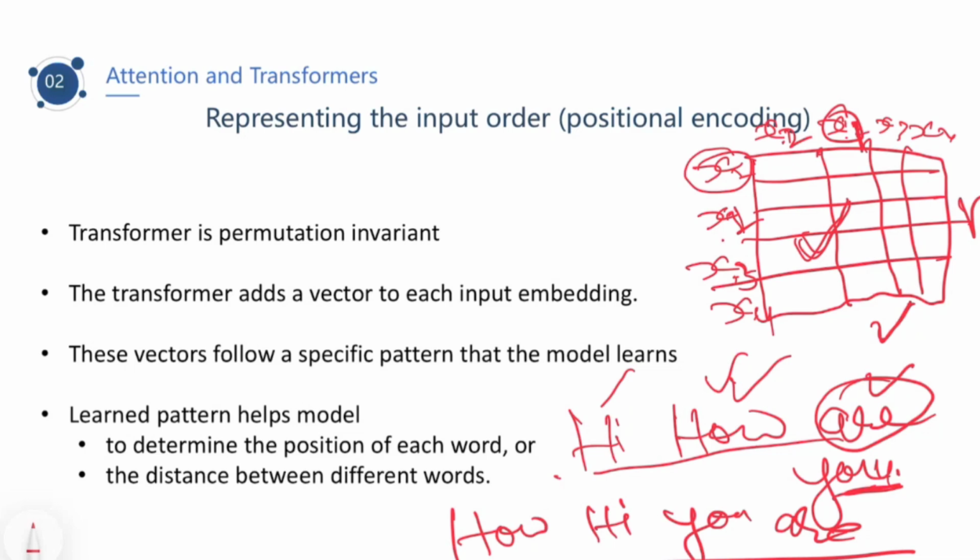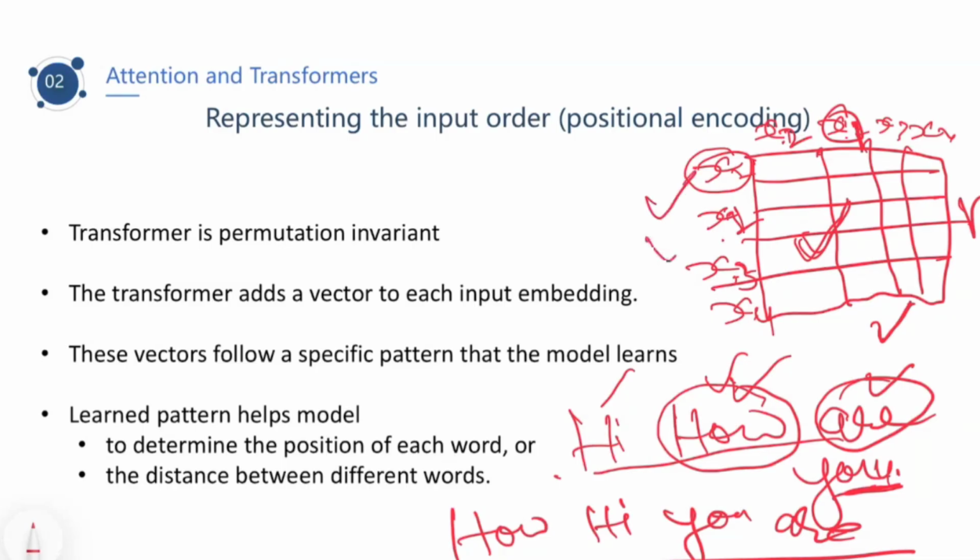If it's coming here, it is having this type of information, which means you can say this is coming from this position. We also want to capture the sequential information. And if you have the position information, then you can also find the distance between different words, like how far these two words are.